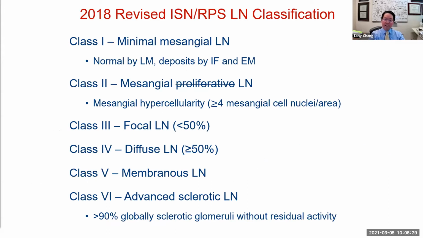And actually, we've swung the pendulum back towards somewhat simplifying, or not making things nearly so complex. We can talk about some of the rationale that went into this simplification, or return of the lupus nephritis classification, where now it looks very similar to that initial one back in the early 70s.